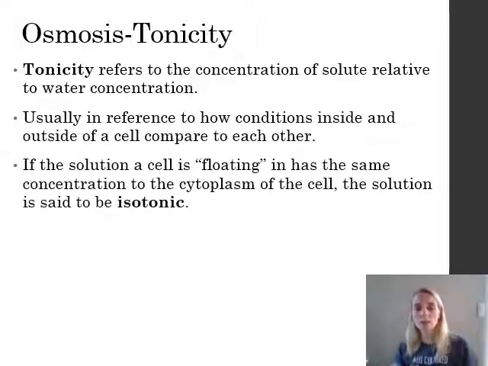So let's imagine your cell, right? And you're floating in your environment. So you have your plasma membrane, you have all the cytoplasm inside of you, and you're floating, maybe you're an amoeba or a paramecium floating out in the pond or something. If the concentration of things inside of your cell is exactly the same concentration as the fluid that you're floating in, we have a term for this called isotonic. Iso means the same.